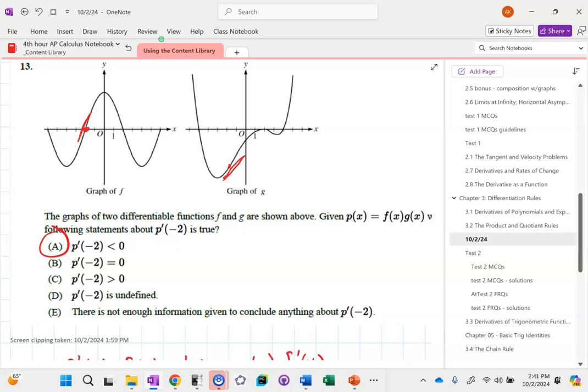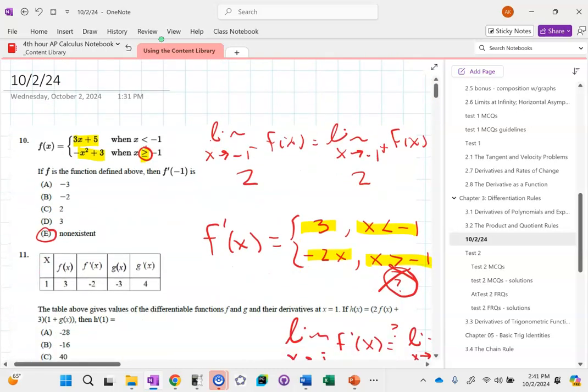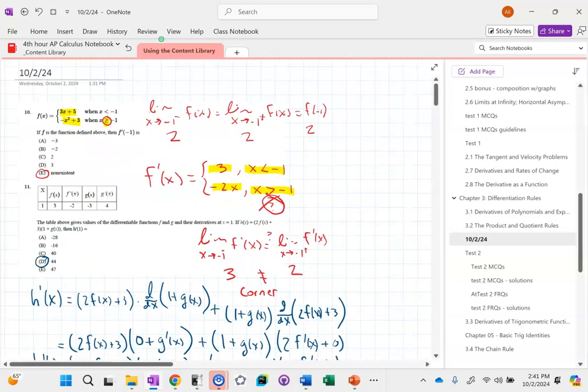So when we went piecewise, and we got like 3 equals 2, and we said it was a corner, we just assume it's a corner. Yes. If the left-hand limit and the right-hand limit of a derivative don't equal, that's a corner. If the left-hand limit and the right-hand limit of f don't agree, it's a discontinuity, it's a jump.